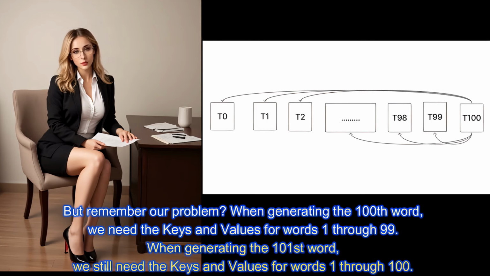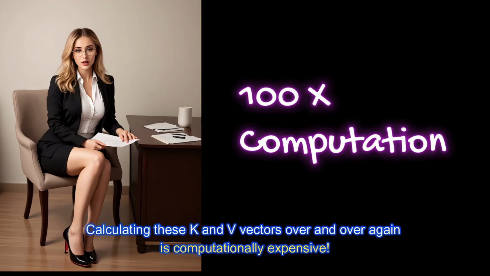But remember our problem? When generating the 100th word, we need the keys and values for words 1 through 99. When generating the 101st word, we still need the keys and values for words 1 through 100. Calculating these K and V vectors over and over again is computationally expensive.